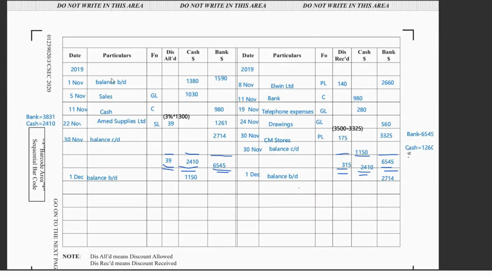So, for the debit side, we will have balance BD on the 1st of December as $1,150 for cash. So it goes on the opposite side. So cash was on the credit side, it now goes on the debit side. Now the bank balance CD was on the debit side, so now it goes on the opposite side, which is the credit side, on the 1st of December for your balance BD.